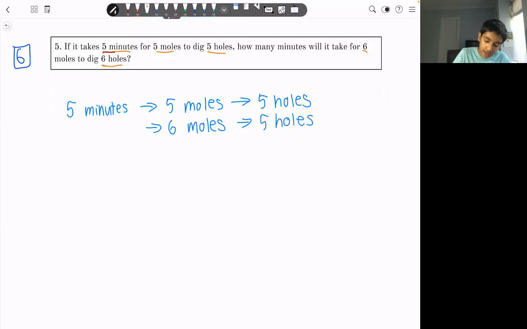Well, we have 6/5 the number of workers. So it's only going to take 5/6 the amount of time, since we have more actual workers. So it's 5/6 times 5 minutes, and this means that it's going to be 25/6 minutes.